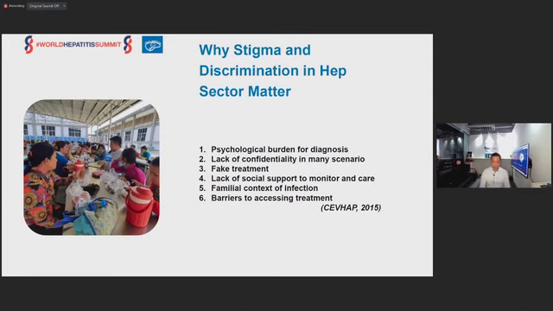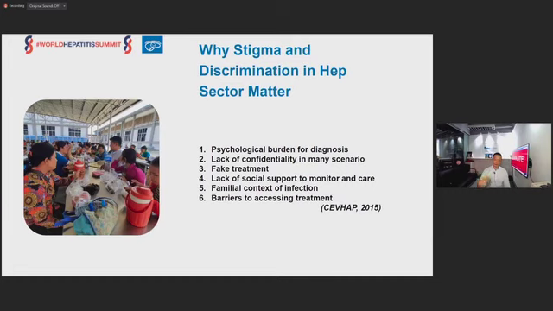One of the things that maybe you would understand is the psychological burden for diagnosis. If I am a person living with hepatitis, the last thing I want to do is go to the hospital. That is also linked to the second thing, the lack of confidentiality in many scenarios. The doctor or hospital will sell your record to the workplace to say these people are dangerous to your workplace, that they will spread the transmission of hepatitis B to other workers in the same place.